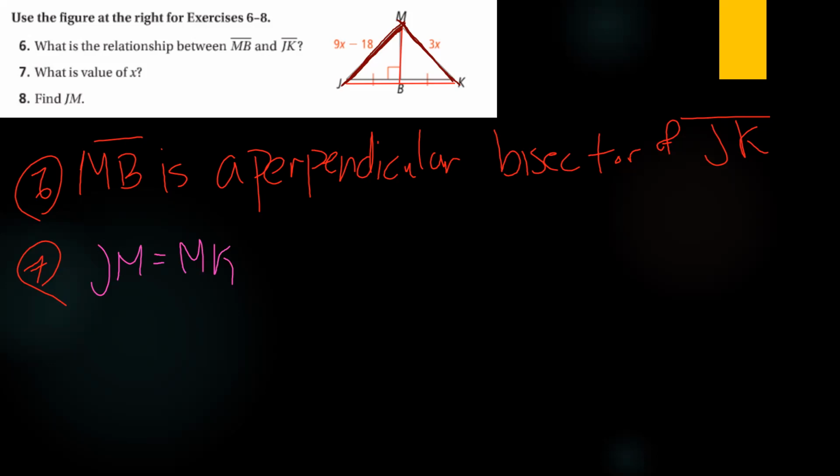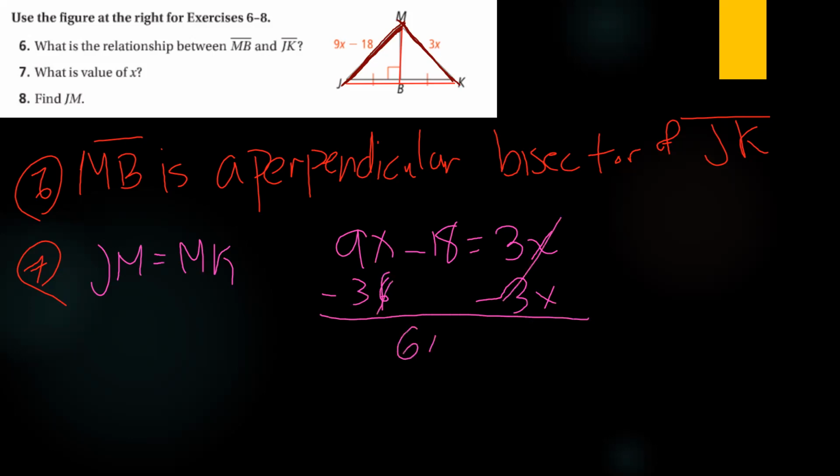So since they are equal, can I say that 9x minus 18 is equal to 3x? Yes. So 9x minus 3x, 6x is 18. So x will be 3. This is number 7.